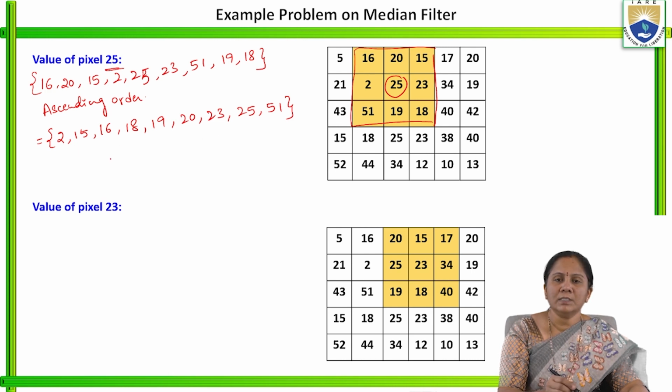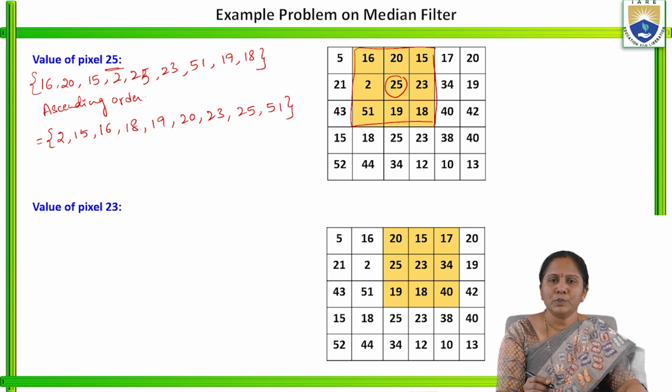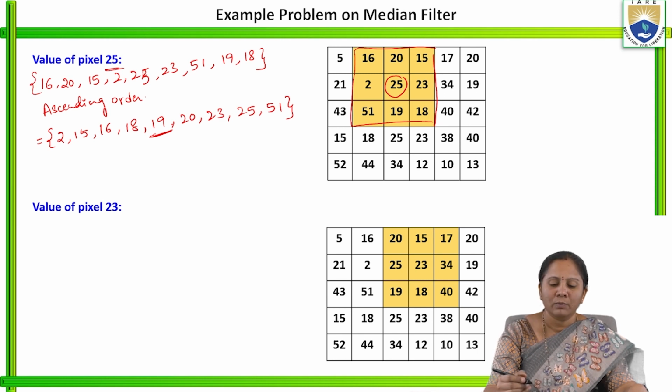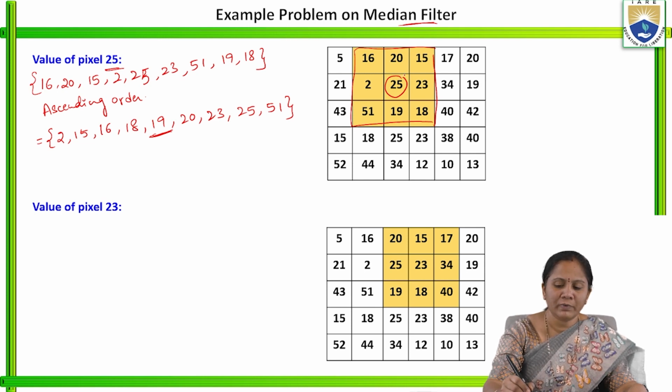In this range, which one is the middle value we have to consider? 1, 2, 3, 4 and here this 19 is the middle value. As we are applying the median filter, we have to consider the middle value, and this 25 will be replaced with 19.